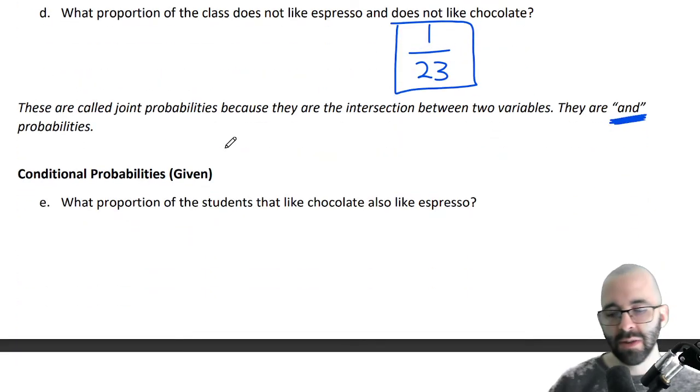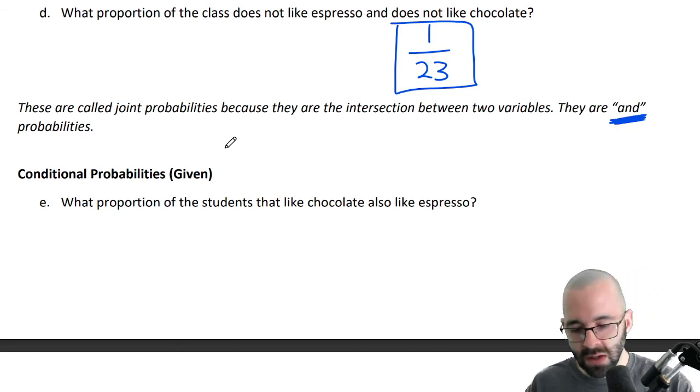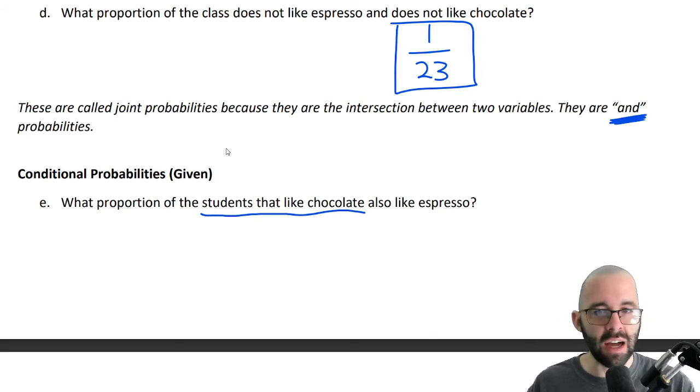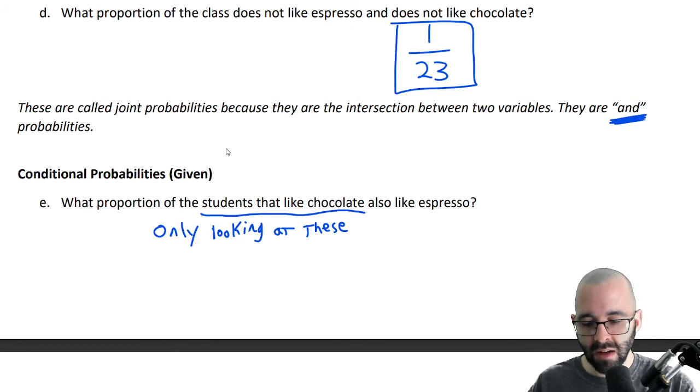And this is a little bit more tricky. What proportion of the students that like chocolate also like espresso? So right here, we're no longer looking at all the class. We're only looking at these students. Okay, not the whole class.